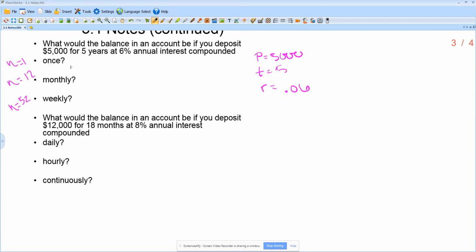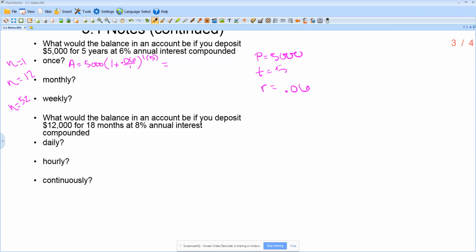So we would just do A equals P, which is 5,000, times 1 plus R over N, sorry, so we're going to have 0.06 over N, which is 1, raised to the power of N times T. So N being 1 times T being 5.